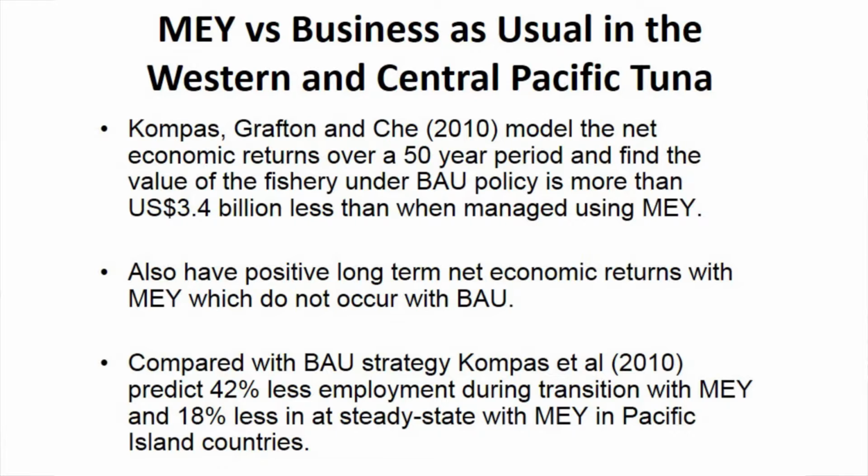Notably, the fishery has a positive long-term net economic return with MEY, which does not occur with the business as usual policy. However, compared with the base case business as usual strategy, the authors predicted 42% less employment during the optimal transition to MEY and 18% less employment in the long-run MEY equilibrium for Pacific Island countries.